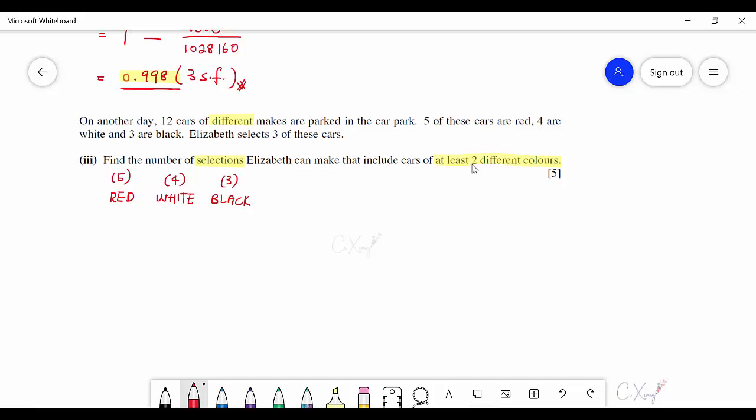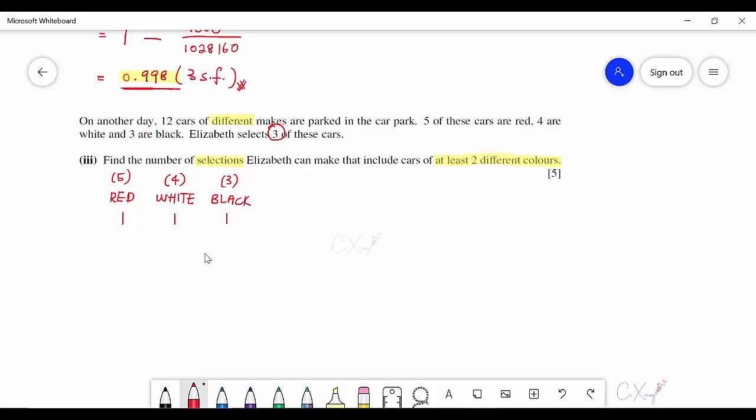First case: because I want to select 3 of these cars and must have at least 2 colors, the very first possible case is that I select 1 of each color. That fulfills the condition: I select 3 cars in total with at least 2 colors. So for this case I have all 3 colors. This is case number 1.